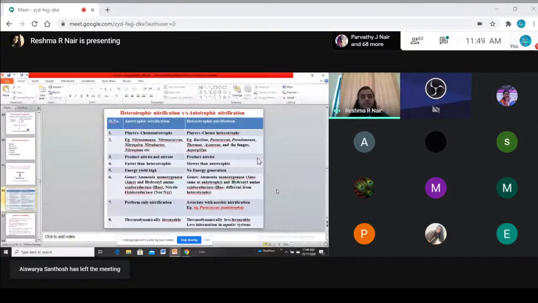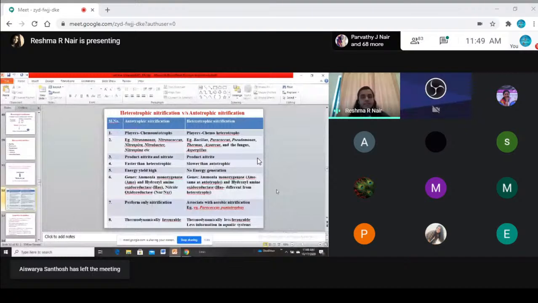Denitrification is normally heterotrophic only. Very rarely will autotrophic organisms perform denitrification. Around 50 different genera perform denitrification. Here we can see NO3, nitrate, the end product of nitrification. This NO3 is converted to NO2, that is nitrite.